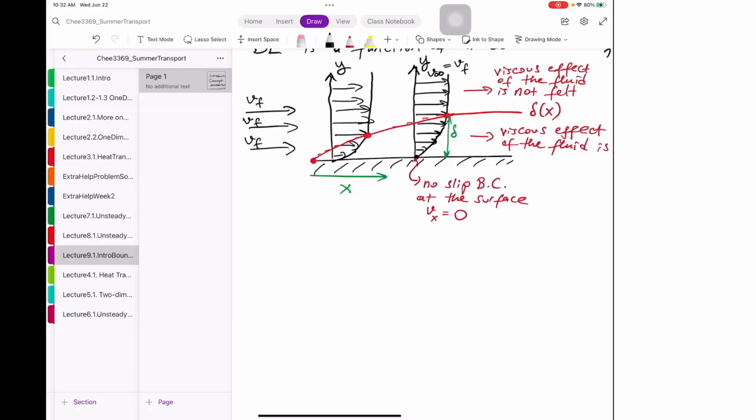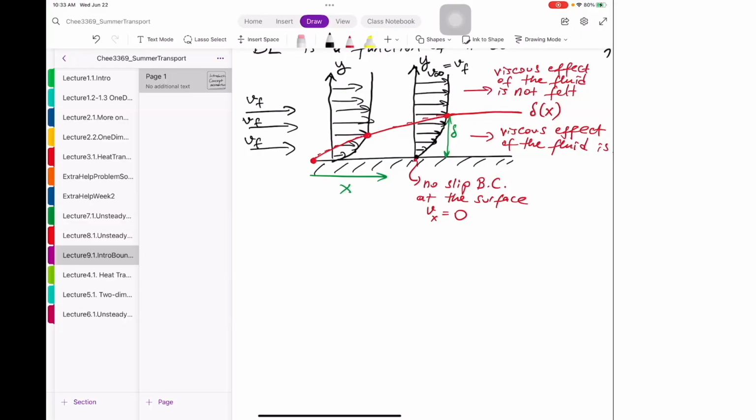When the viscous effects coming from the solid are not felt, the fluid is not aware of the effect of the plate, then that means V infinity is equal to Vf. But closer to the surface, you feel this effect and it gets closer and closer to 0.